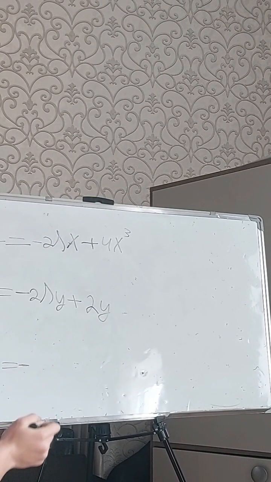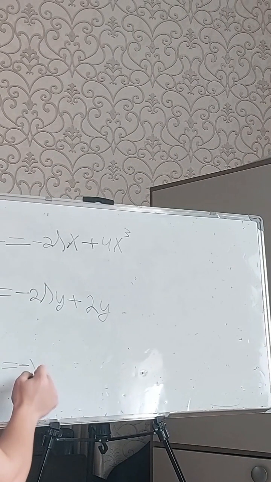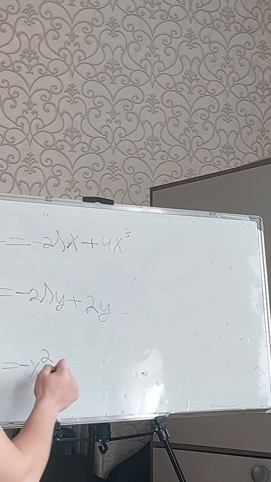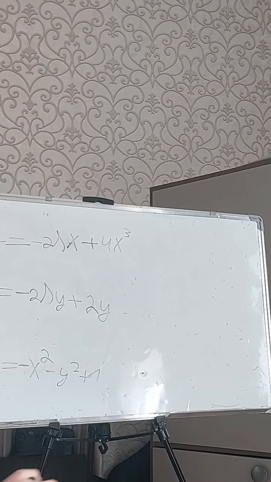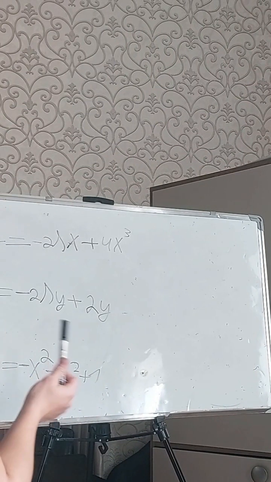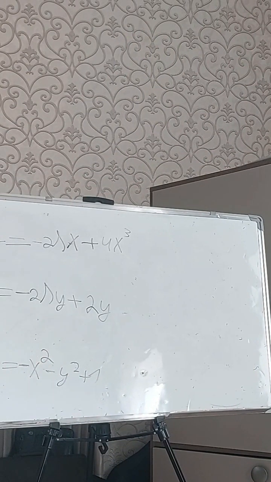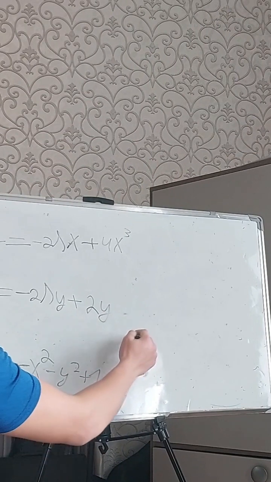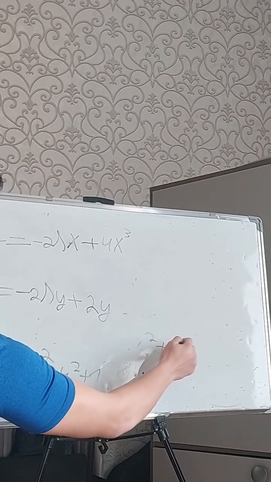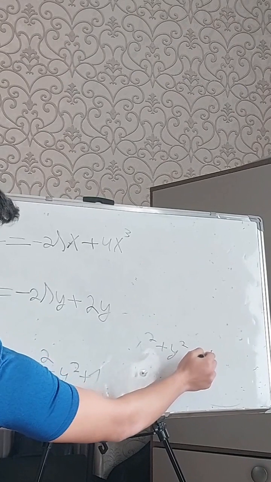Now we find it for lambda, so it will be x squared plus y squared minus 1. This is the derivative of the Lagrange function with respect to the Lagrange multiplier lambda, which essentially gives us back the constraint x squared plus y squared equals 1.